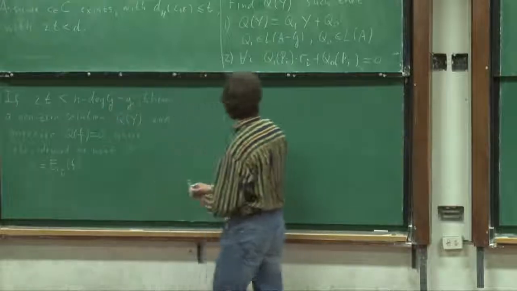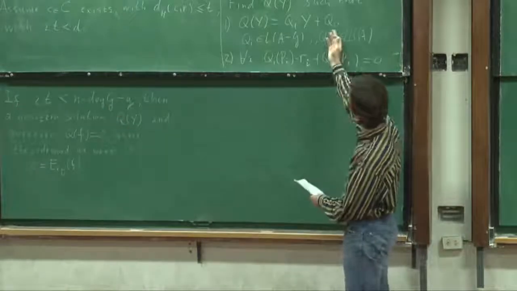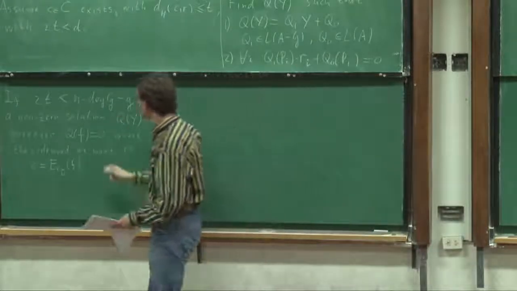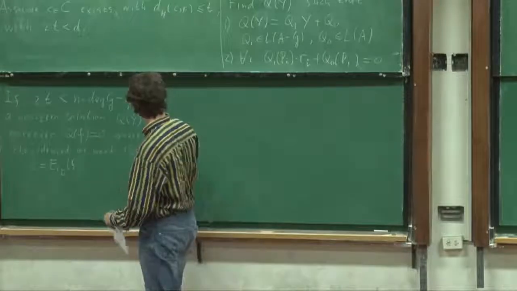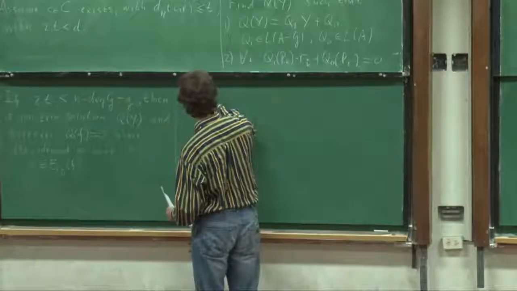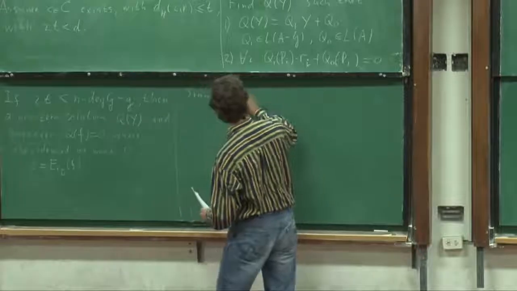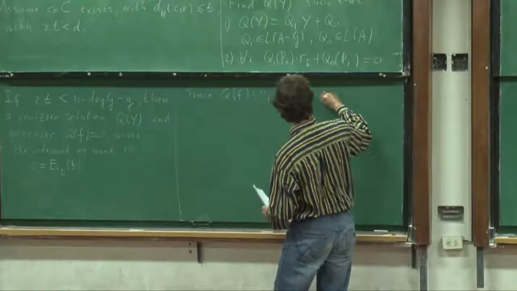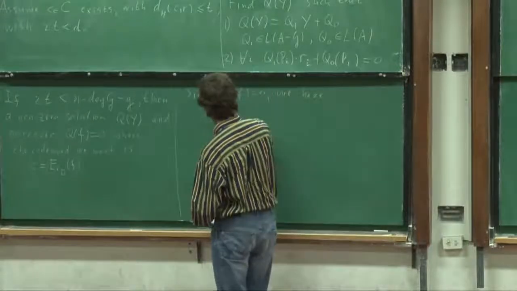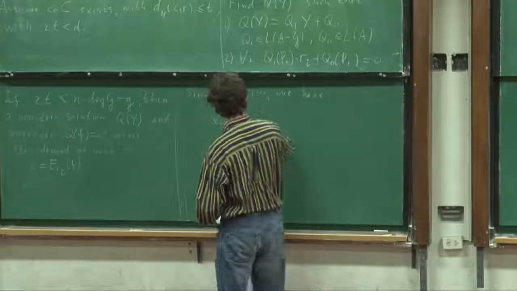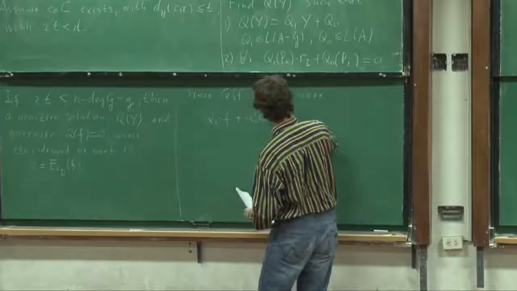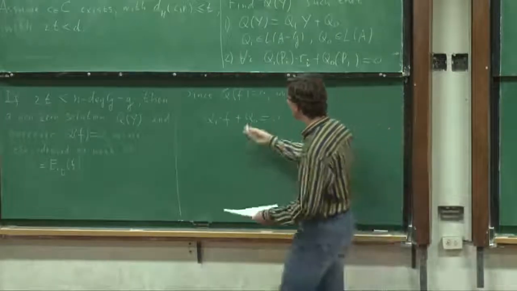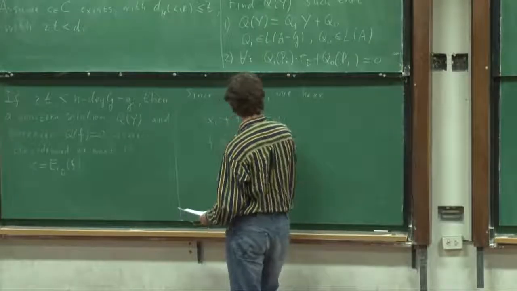So what do we do then once we have found Q0 and Q1? Because Q(f) is 0, what we actually have is that Q1 times f plus Q0 is equal to 0. So finding f is easy.